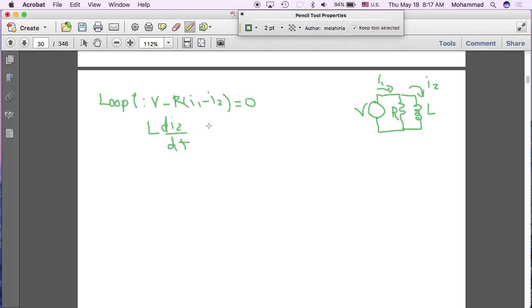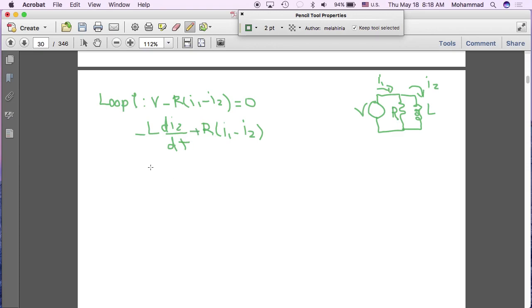And then you include R. So how will R appear? Plus R times (I1 minus I2). Is this negative or plus? That's negative. So this is negative, this is positive. Okay. So I agree. These are the two loop equations that we can write. What else?